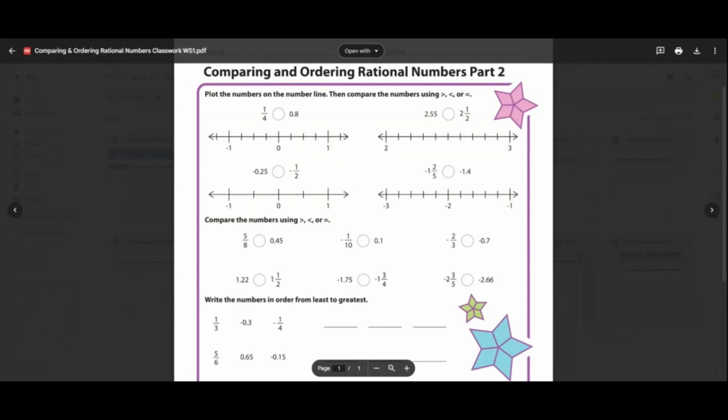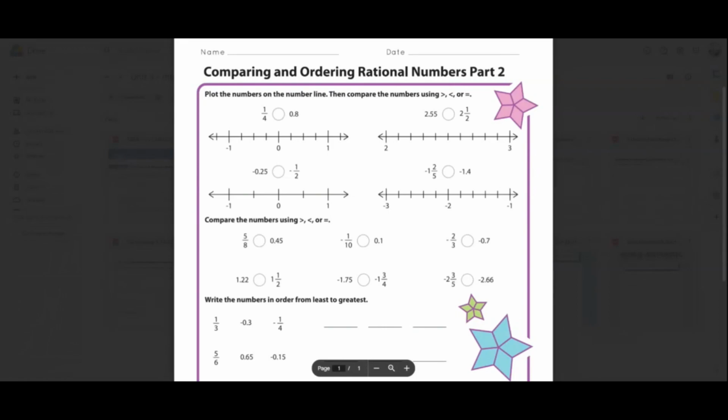Okay. A couple of you are having questions about the mixed number part. So I'm going to switch to my whiteboard and do a little bit of explanation as to how to change mixed numbers.